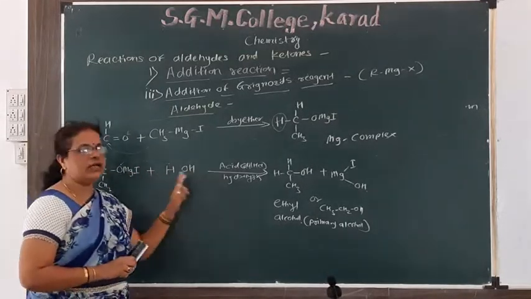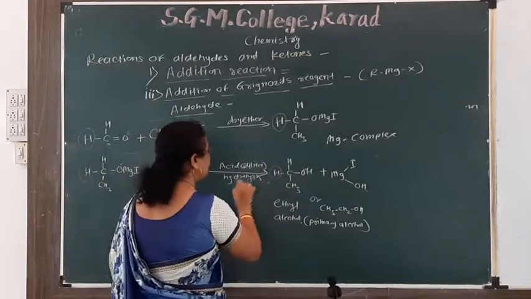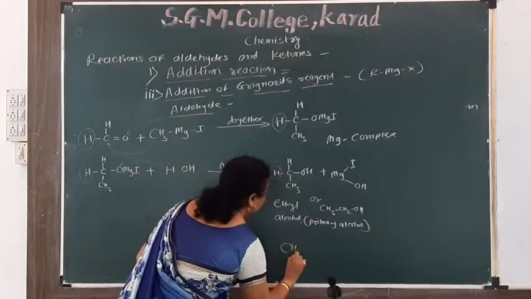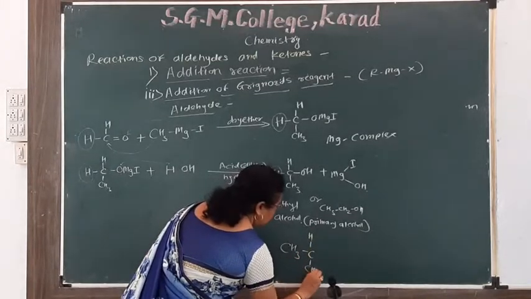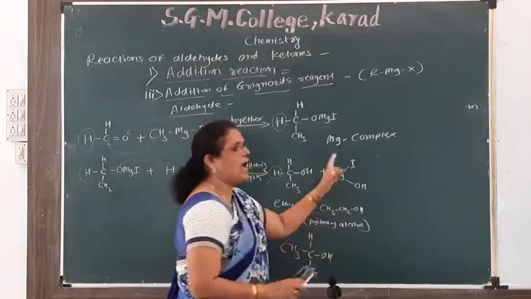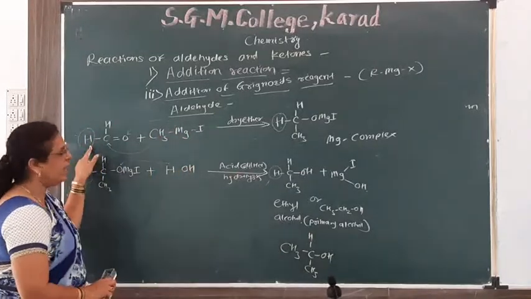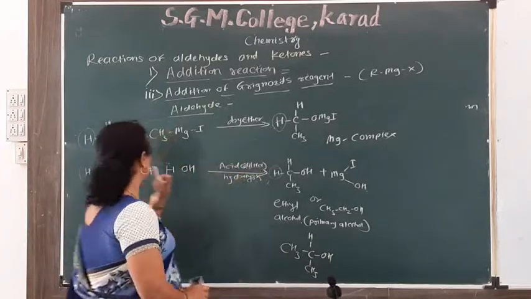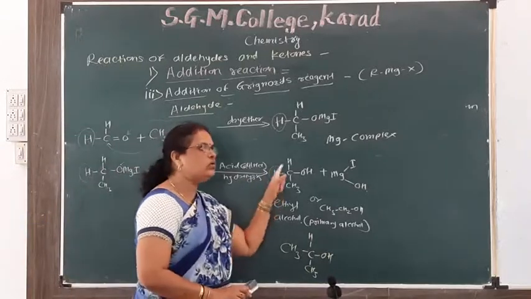On acid hydrolysis, we get the product CH3CH(OH)CH3 plus MgI(OH). So if we take the example of acetaldehyde, the H is converted to a CH3 group.